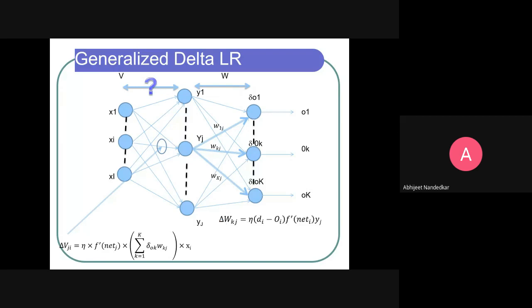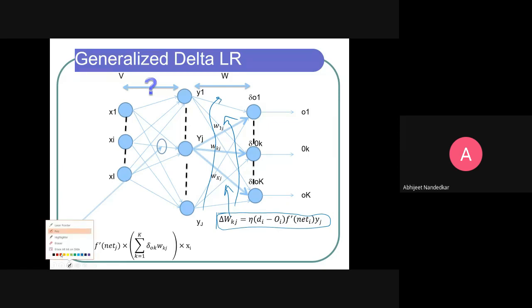So I'm just rewriting here. This is the change in weight for all these neurons, for all these weights, and this equation we can use here.